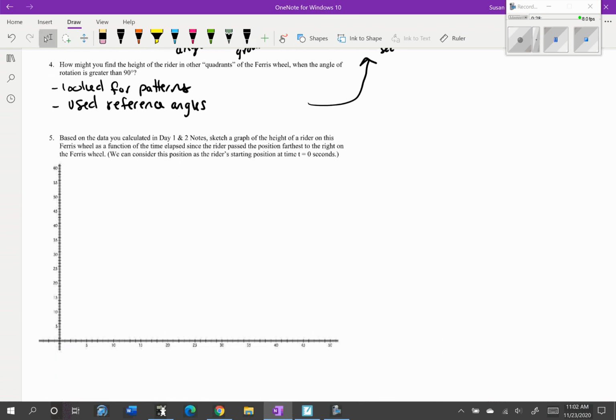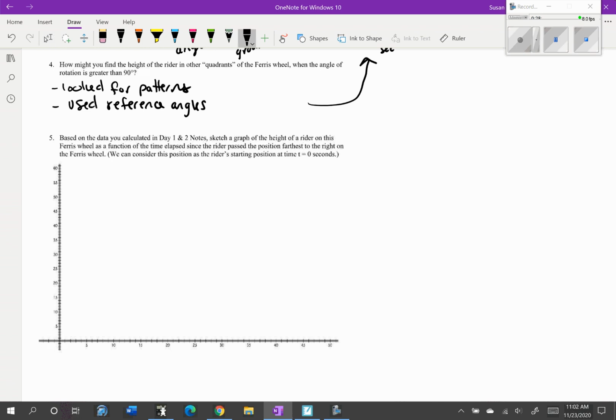So based on the data you calculated in day 1 and day 2 notes, we're going to sketch a graph of the height of the rider on this Ferris wheel as a function of time elapsed since the rider has passed the position furthest to the right on the Ferris wheel. So we can consider this position as the rider's starting position at time t equals 0 seconds.